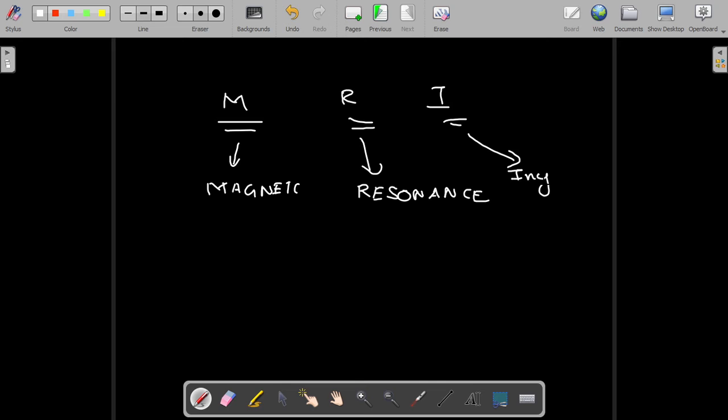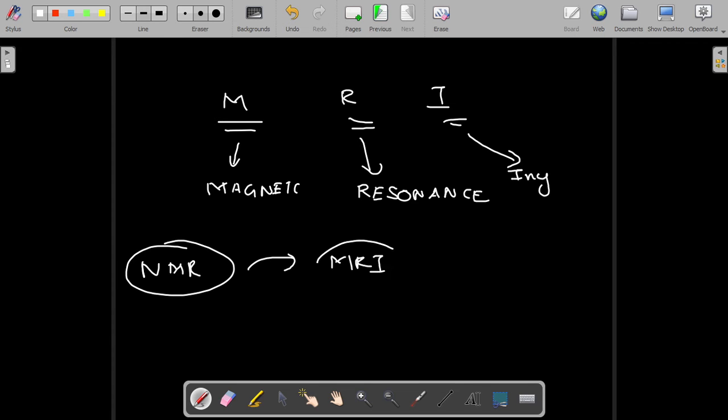The very important thing you should know is that the origin of MRI is actually NMR, nuclear magnetic resonance, which was later transformed into MRI.